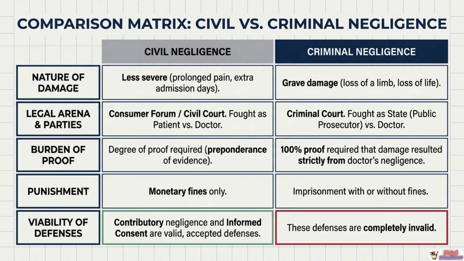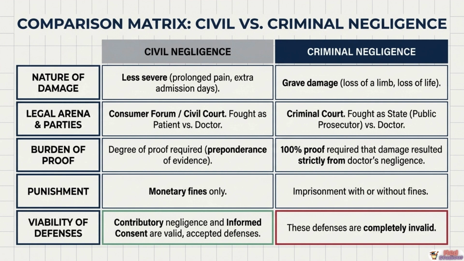It is adjudicated by the consumer forum or civil court, framed as patient versus doctor. The standard of proof is the preponderance of evidence, meaning it is more likely than not that negligence occurred. Punishment is monetary fines only, no imprisonment. Importantly, defenses such as contributory negligence and informed refusal are valid and accepted.